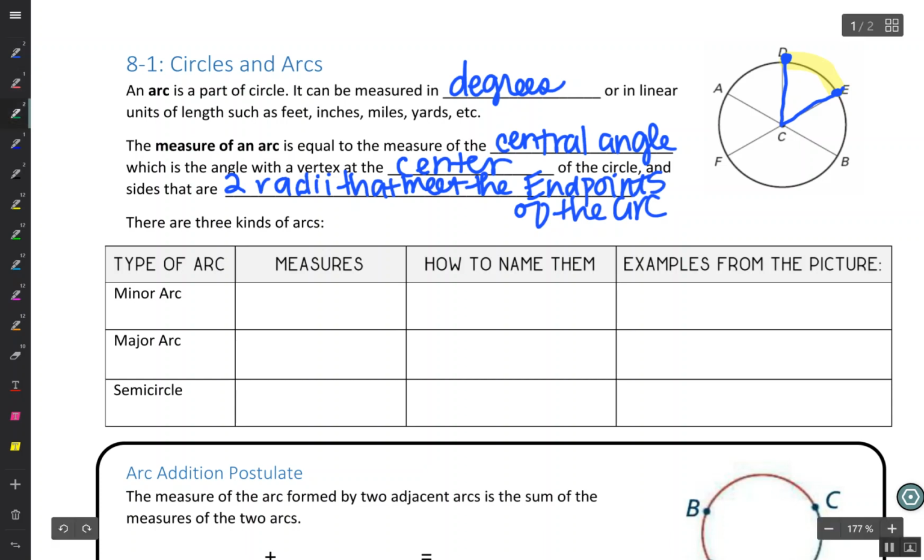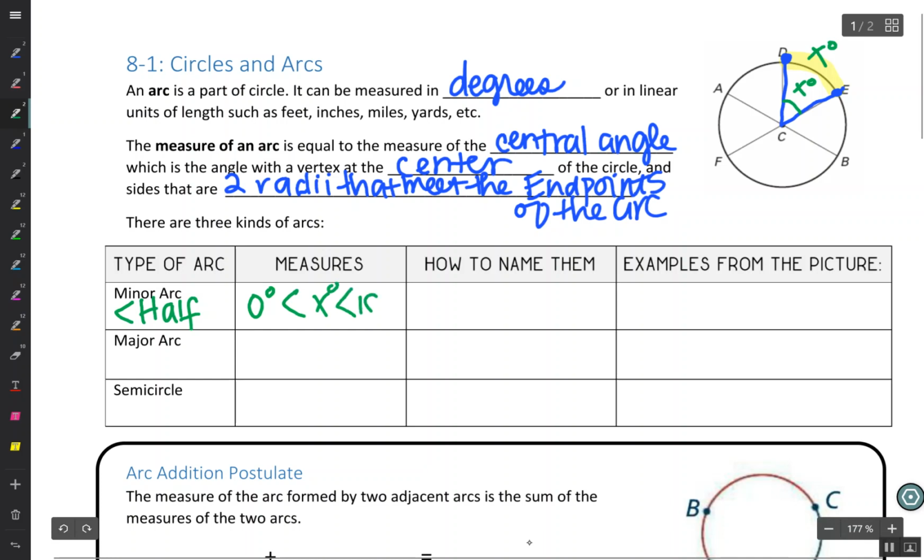The first one is called a minor arc. A minor arc is, I want you to think of it as less than half of the circle. So half of a circle would be 180 degrees. So if it's x degrees, remember the arc and the angle are the same. If it's x degrees, then it's going to be between 0 and 180.